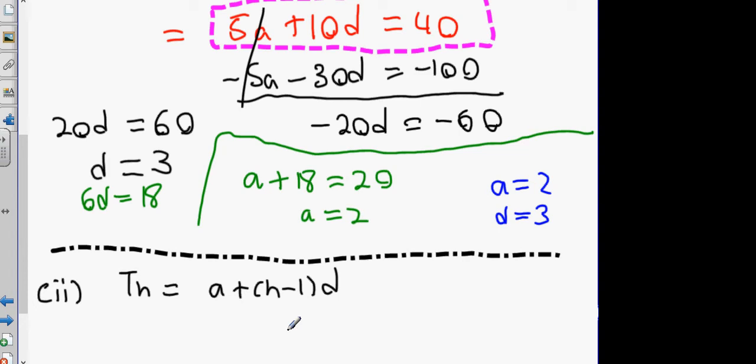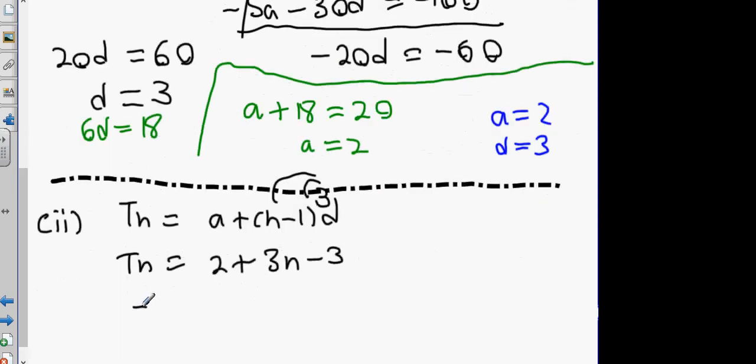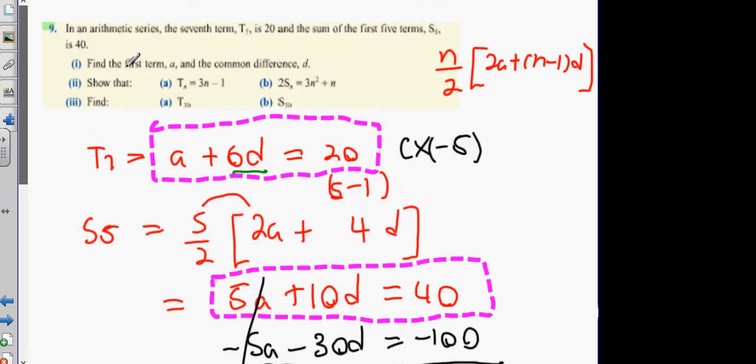And then you keep n this time because you aren't looking for T10 or anything like that, lads. So a equals 2, d equals 3. So it's going to be 3 multiplied by n minus 1, so 3n minus 3. And then we're going to get Tn equals 3n minus 1. Was that what we're asked to prove? 3n minus 1? Yeah. So you go back to the top, you can see that was 3n minus 1.